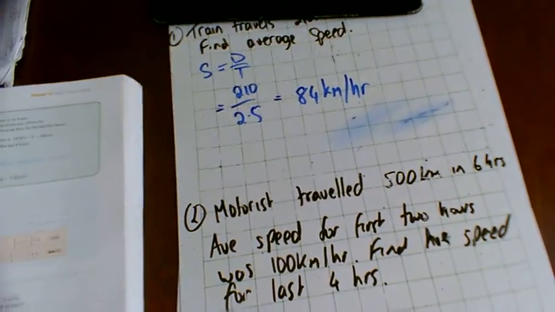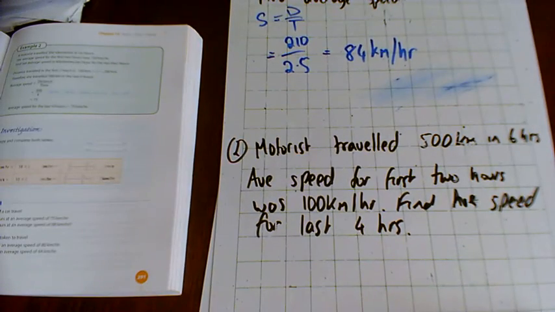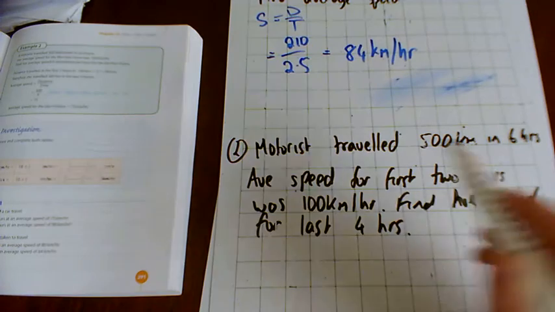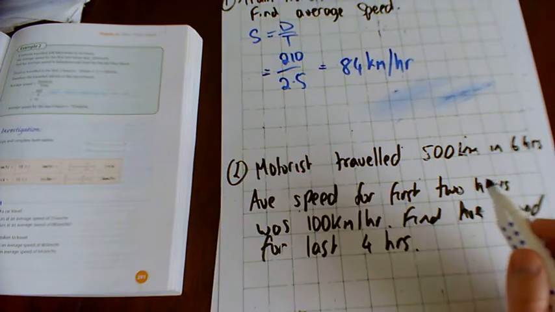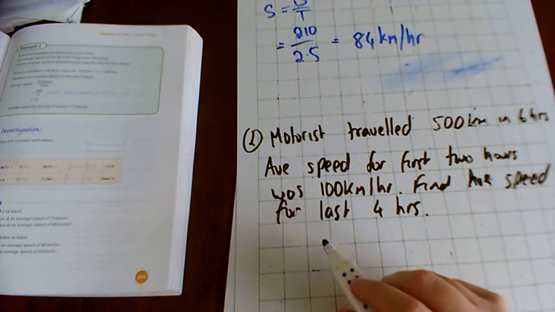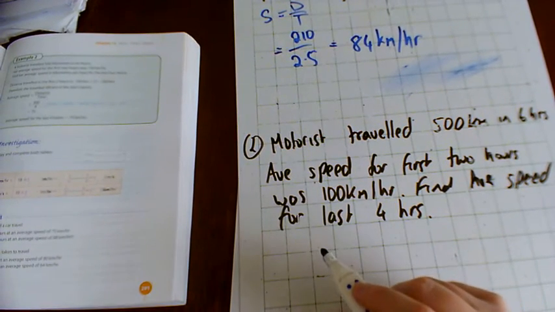Okay. Next, a motorist travelled 500 kilometers in 6 hours. So they're saying they didn't have the same speed for the whole time. So the average speed for the first 2 hours was 100 kilometers an hour. Find the average speed of the last 4 hours. So what we have to find is how far did the motorist travel in the first 2 hours.